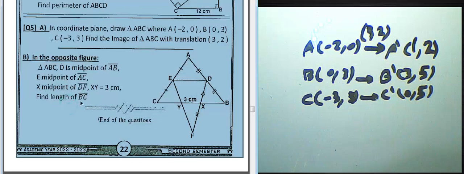You want to find the length of BC. BC is the line segment here. BC is the base of the triangle. First, to find the length of CB, you must find the length of ED from triangle ABC, such that D and E lie at the midpoints of AB and AC.